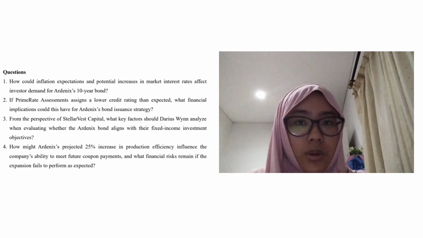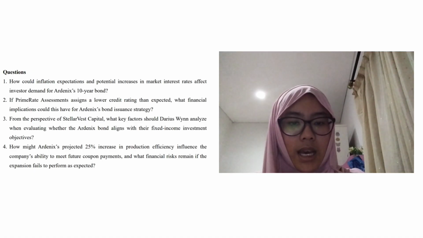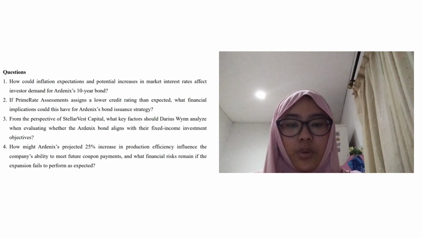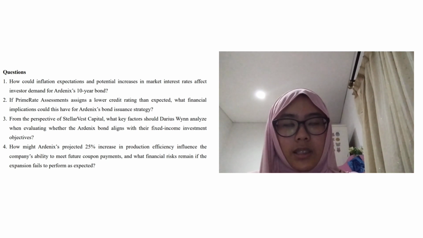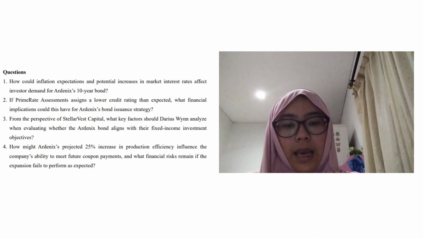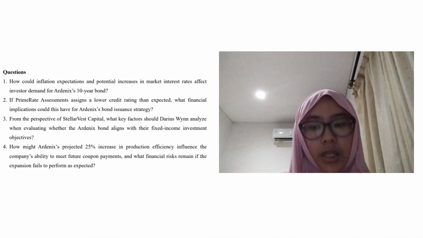And now this has its own impact on Ardenix, right? If they must issue at a discount, they will receive less cash upfront while still being responsible for the full $1,000 repayment at maturity. And for the YTM, for an investor like Darius Wynn, buying at this lower price locks in an 8% YTM, aligning with higher market expectations.